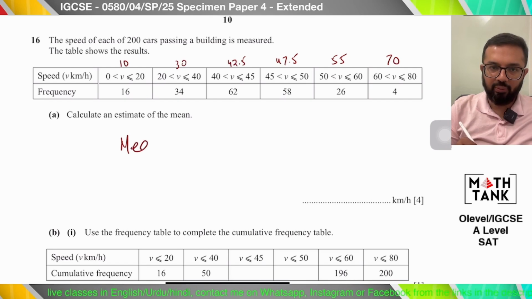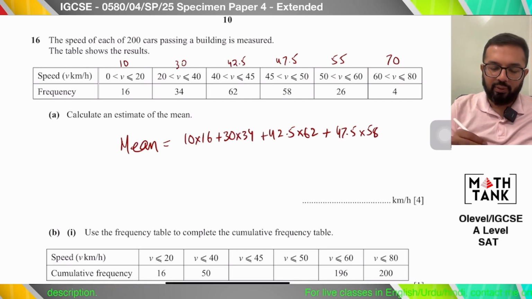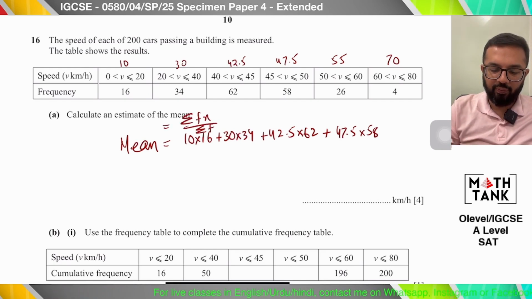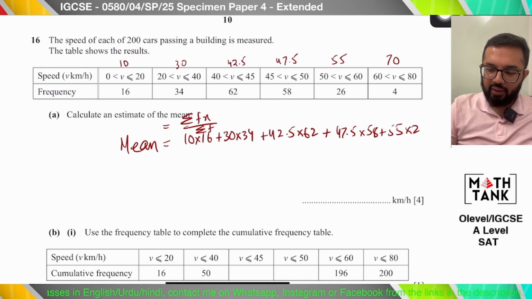For the mean, it's 10 into 16 plus 30 into 34 plus 42.5 into 62 plus 47.5 into 58 plus 55 into 26 plus 70 into 4. It's basically the sum of fx over the sum of f, if you remember it from the formulas.